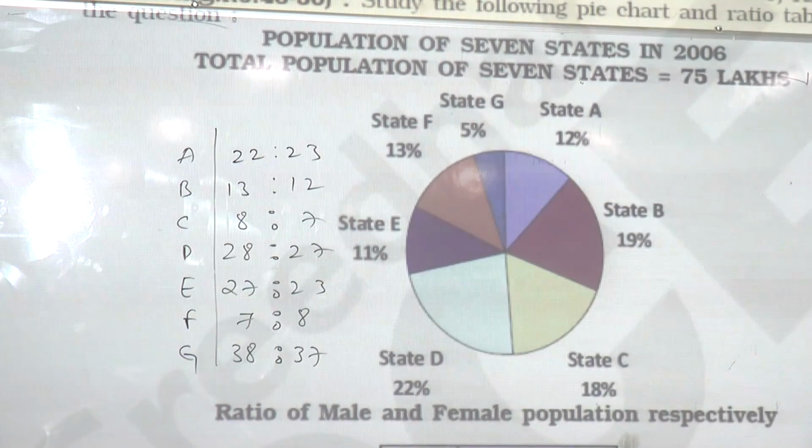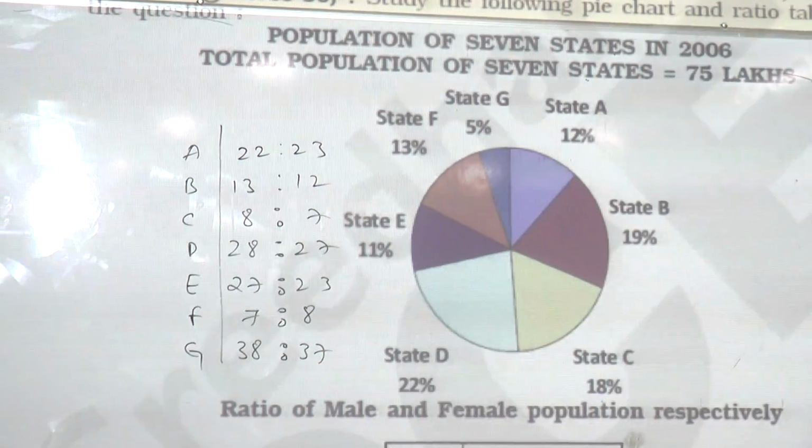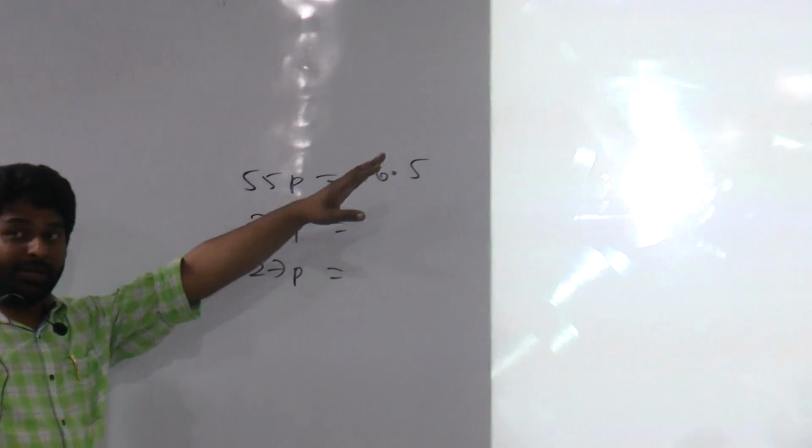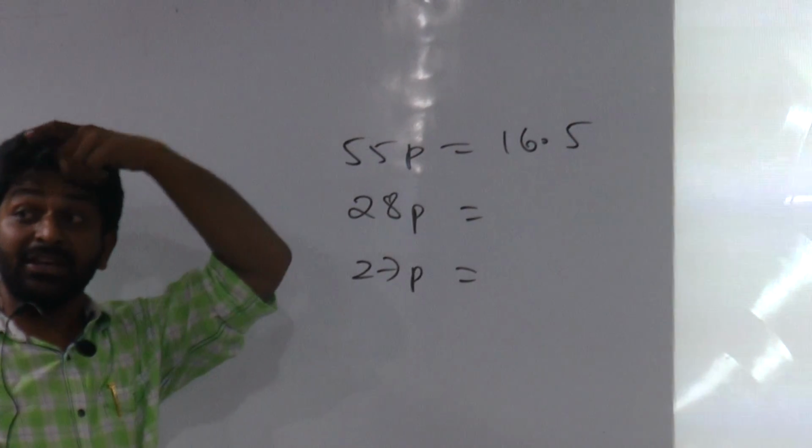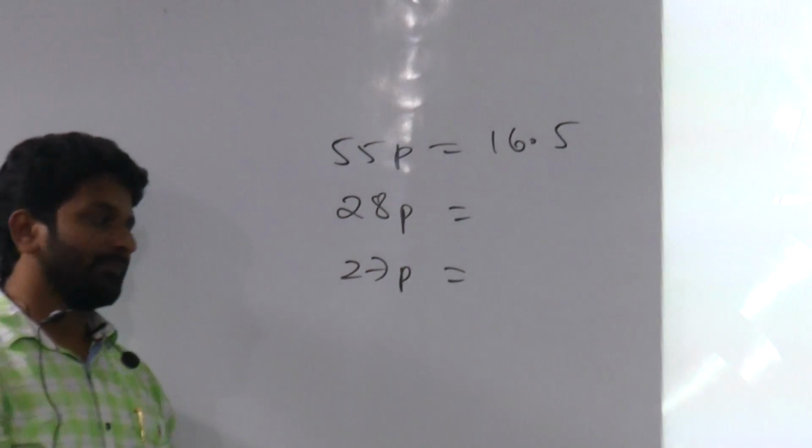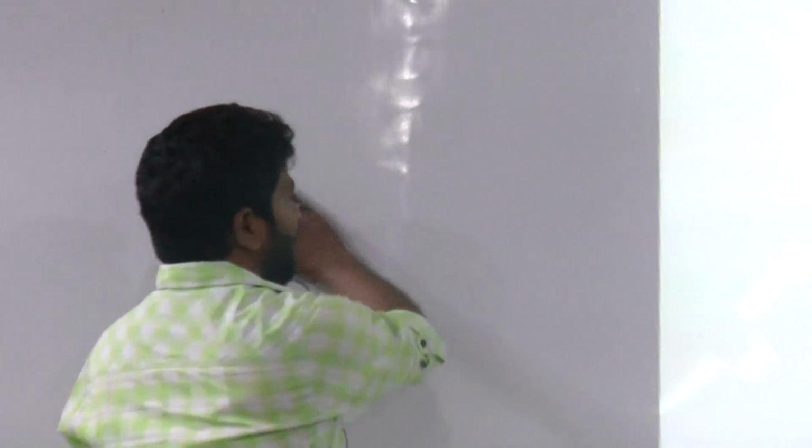So 55 parts is equal to 16.5. From this, if you want to calculate 28 parts or 27 parts, simplification takes time. That's why I don't want to use this method. I have converted 22% of 75 as 55% of 30. Conversion takes time here. Next.